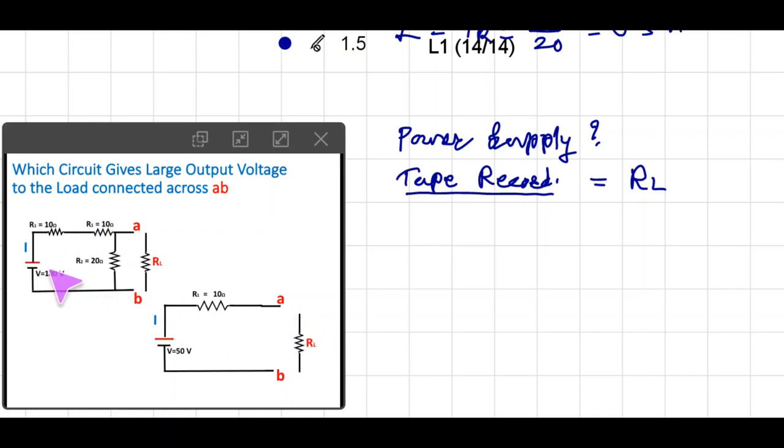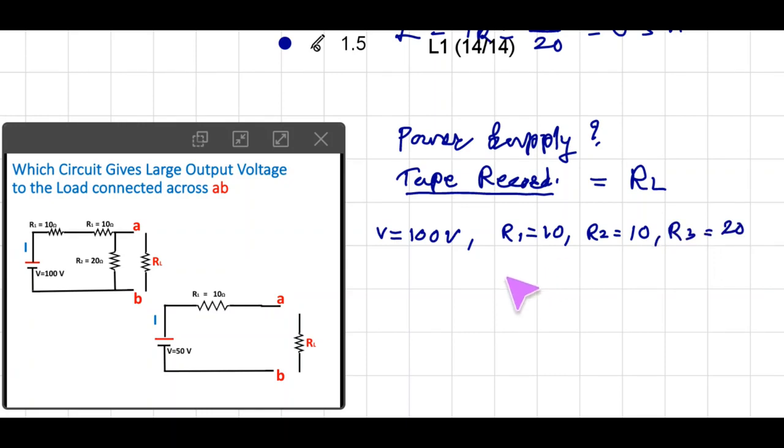In the first case, let us consider what will be the voltage across A and B. Remember that in this case V is 100 volt. There are three resistors: R1 is equal to 10, R2 is equal to 10 and R3 is equal to 20 ohm.